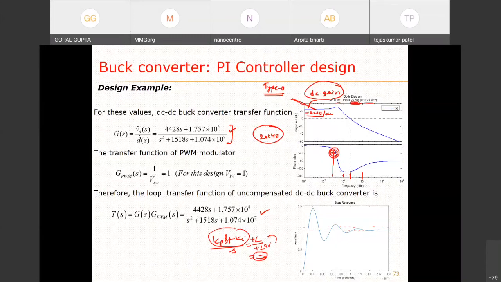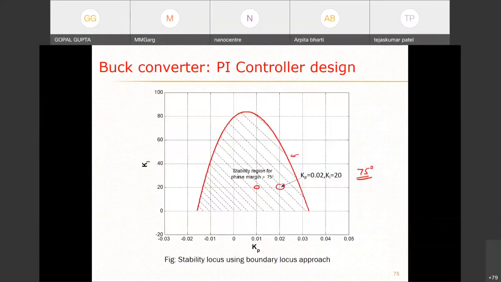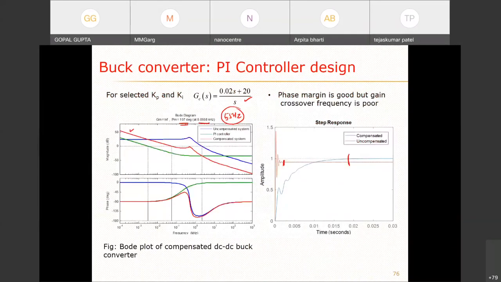So my total compensated system phase margin should improve. That is possible when these two are added. So I need to go somewhere in this region where the phase margin is more, so that if I add some negative phase here, then only my net phase will be 75 degrees or so, right?